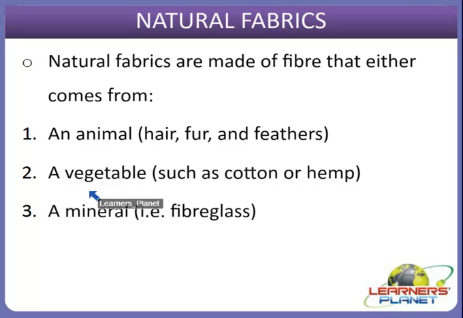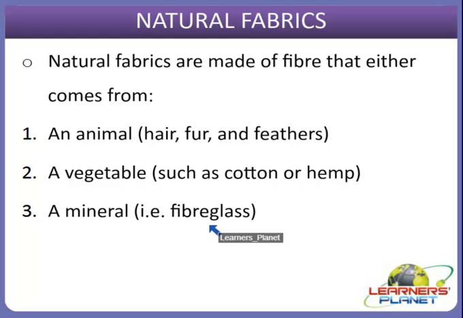Then it can be obtained from a vegetable such as cotton or hemp, or from a mineral like fiberglass. Fabric making can be dated back over 10,000 years ago with the use of flax, a type of linen, in ancient societies.